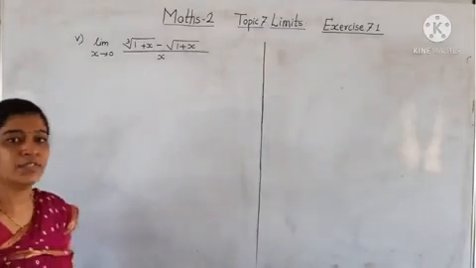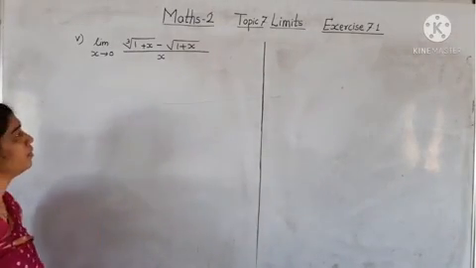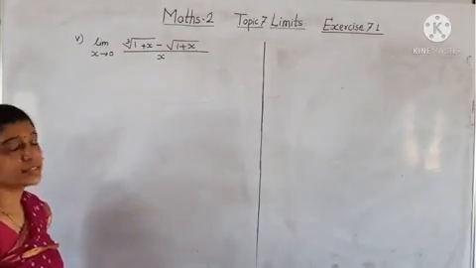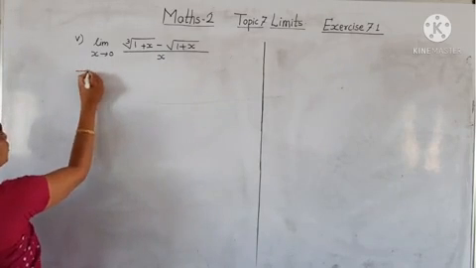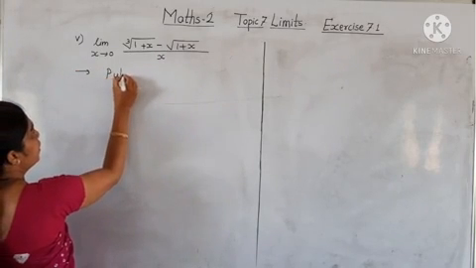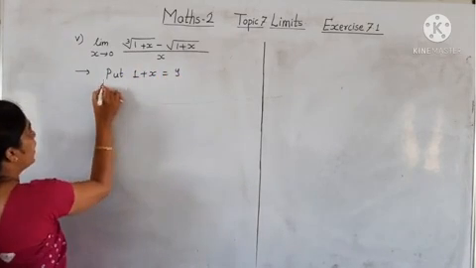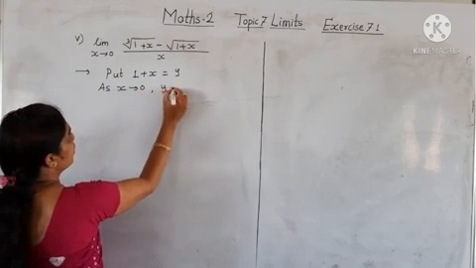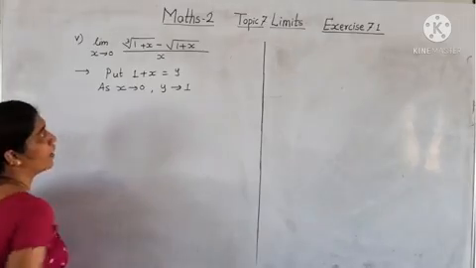Okay, see the fifth example. Limit x tends to 0, cube root of 1 plus x minus root of 1 plus x, upon x. Now here observe what is the same: 1 plus x. So here put 1 plus x equal to y. As x tends to 0, y tends to 1, since we put the x value 0 and the y value becomes 1.